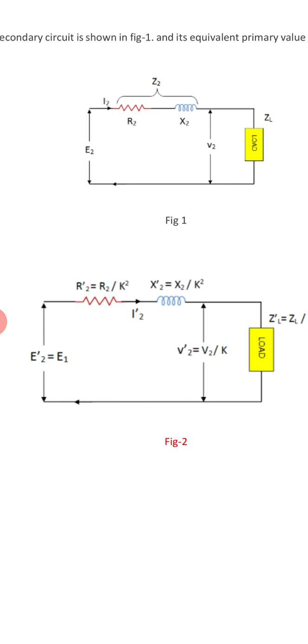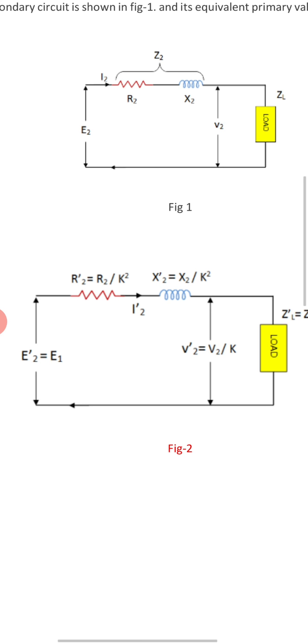So what we are going to do here is draw a single circuit by transferring all these secondary winding parameters to the primary side. The secondary winding parameters will be transferred with their equivalent values.